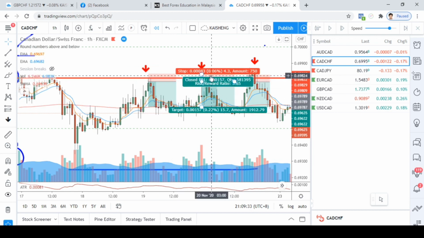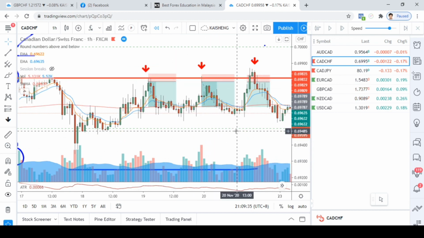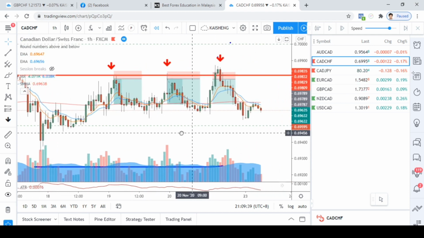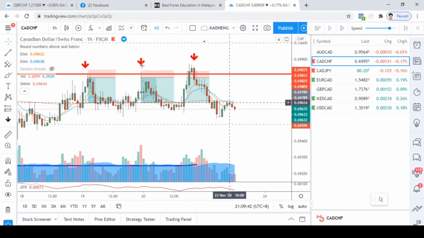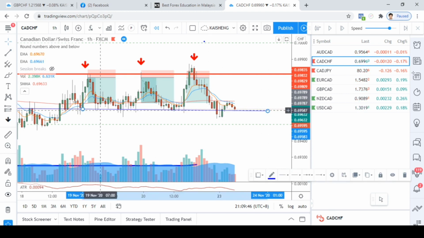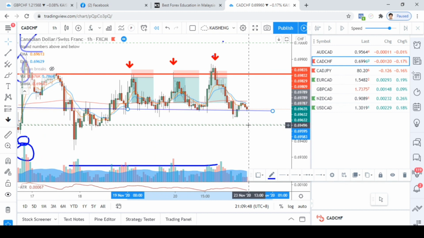Okay, so here the price goes back up, then comes back down, here again coming back down, 3 times. Now the price is at this level, and it's forming a range right now. You can see it's forming a range.